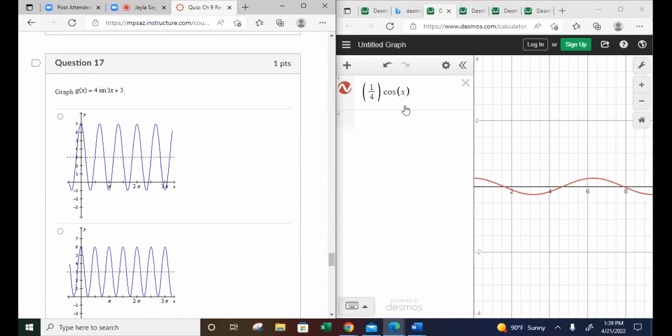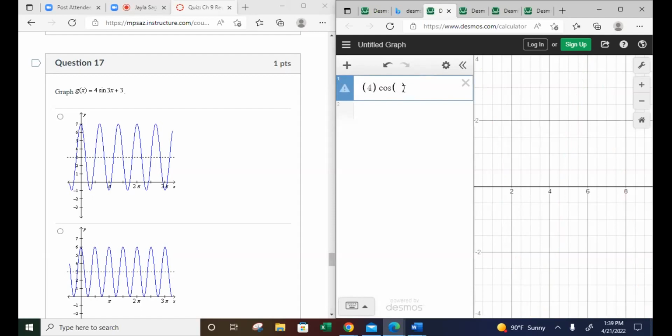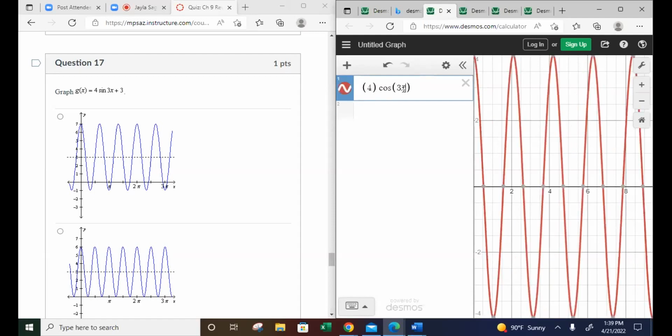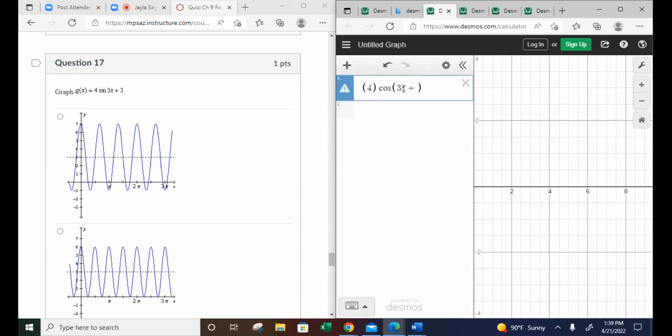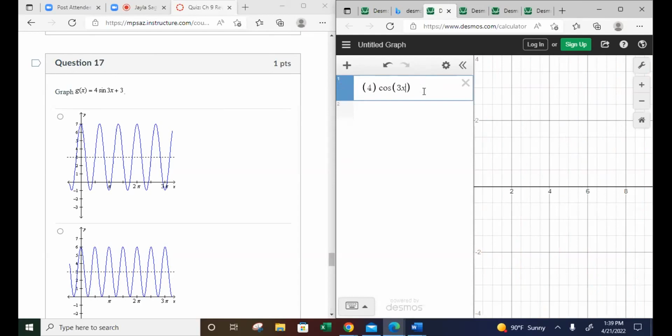Same thing here. You just want to graph it and see. The +3 has to be outside the parentheses. It's implied.